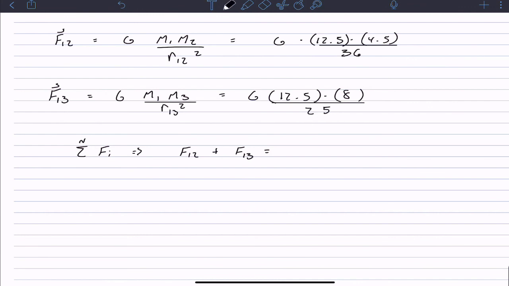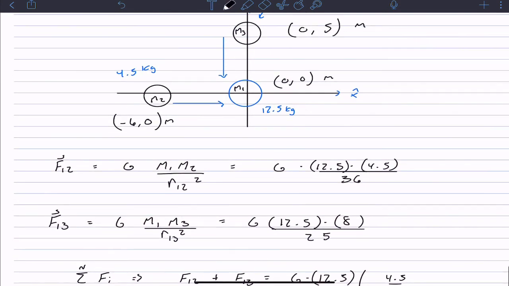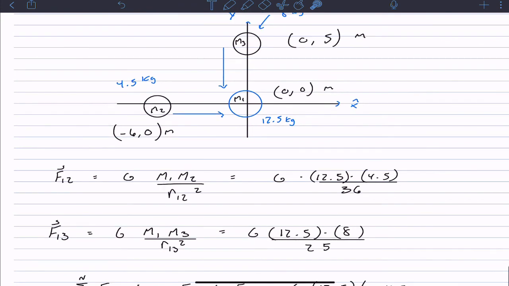That's going to equal G times 12.5, because these factors are common to both of these. We have 12.5 here and here, and G here and here, so I'm just factoring those out. Times 4.5 over 36. And remember, we need to keep track of the direction these forces are traveling.